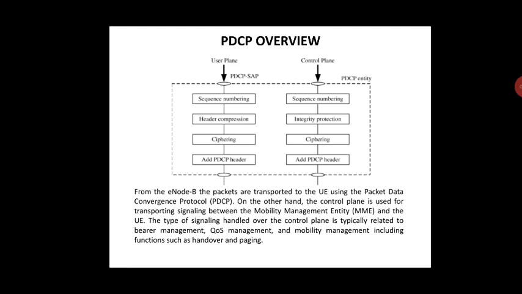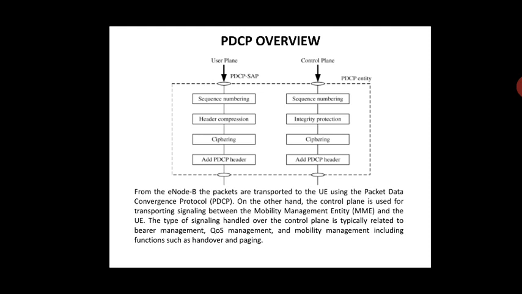In this session, let us move to Module 5, in which the first topic will be the PDCP overview. As we know, LTE is a packet switched network from end to end, designed primarily for high-speed data services, meaning the efficiency of LTE for high-speed service.